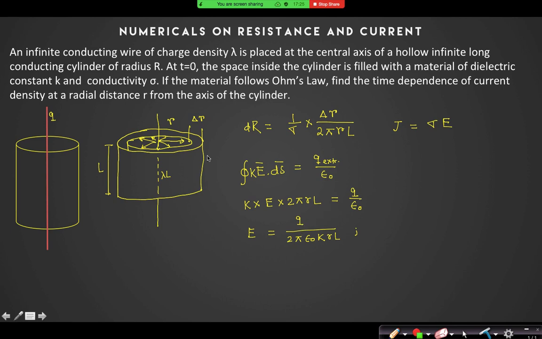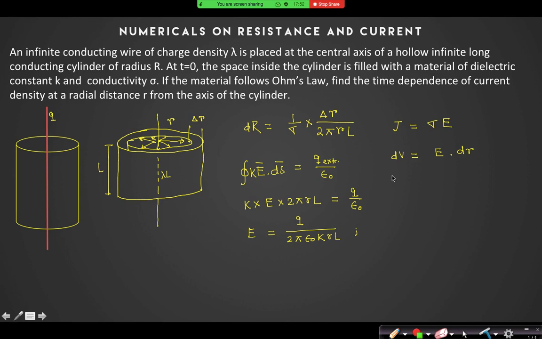Can I say that the potential difference between these 2 points is equal to E dot dr? That is the potential difference between that point, minus E dot dr. Yes, but I know that current is flowing from here to here. So along the direction of electric field, potential decreases, right?